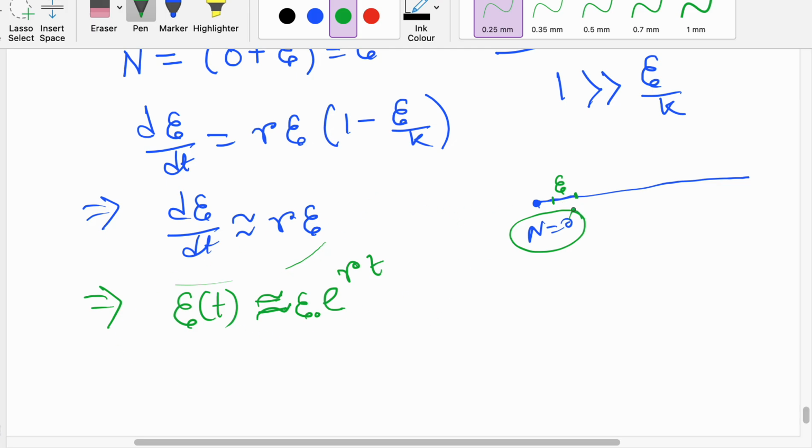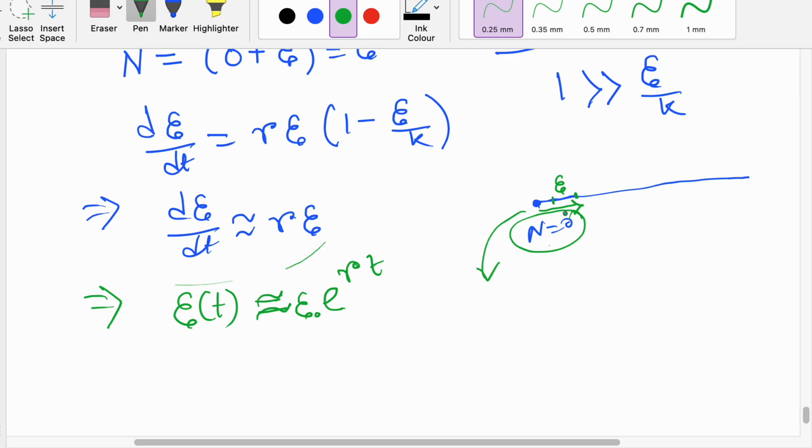That means whenever we reach towards N equal to 0, it seems like this point repulses the population, it is just pushing the population away from it. So this is called the repelling fixed point, or the unstable fixed point.